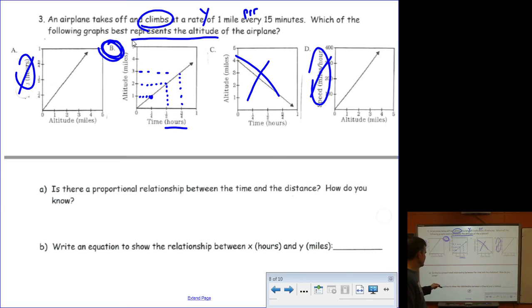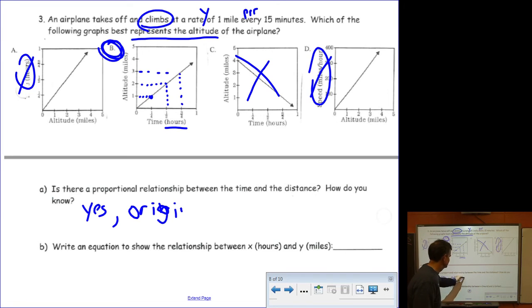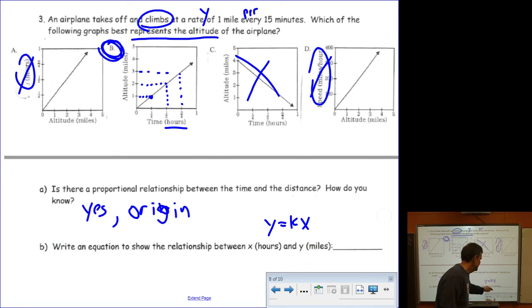Is there a proportional relationship? Yes, there's a proportional relationship because it goes through the origin. And the equation that relates x and y. So if I'm going to write this equation, I'm going to need to know the k value. And the k value could be any y over x.